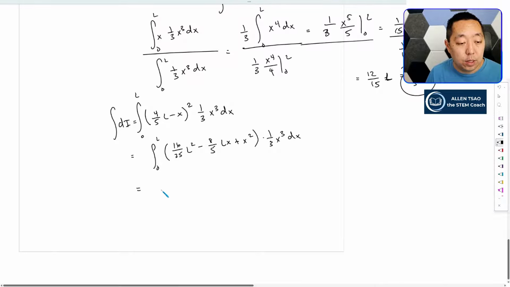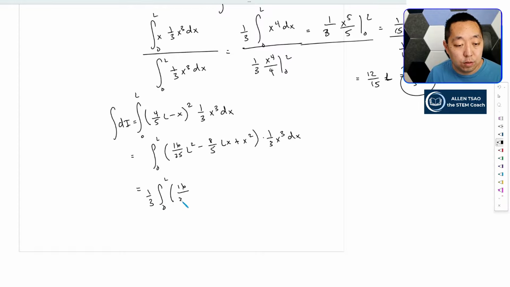Ooh, this is going to be kind of ugly. Let's pull out the 1/3 and then distribute the x cubed. So then it's going to be 16 over 25 L squared x cubed minus 8 over 5 Lx to the 4th plus x to the 5th dx.